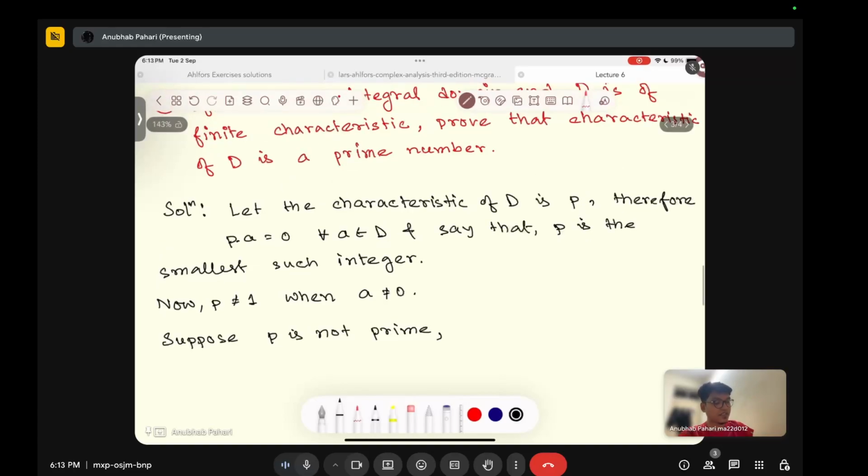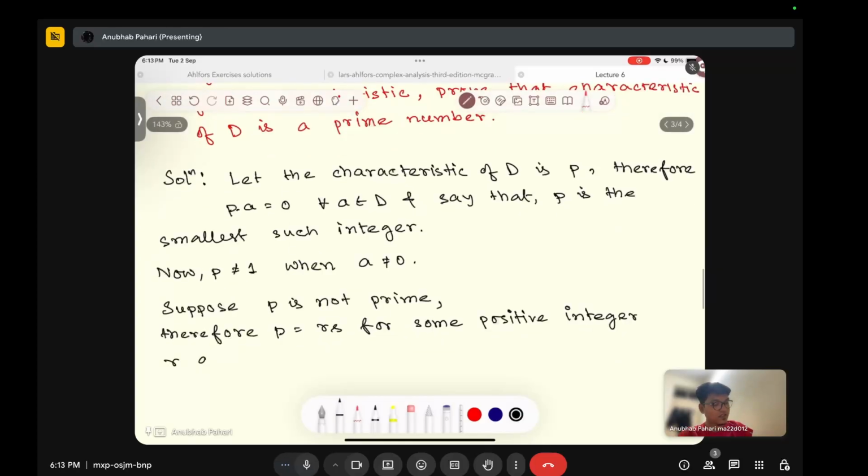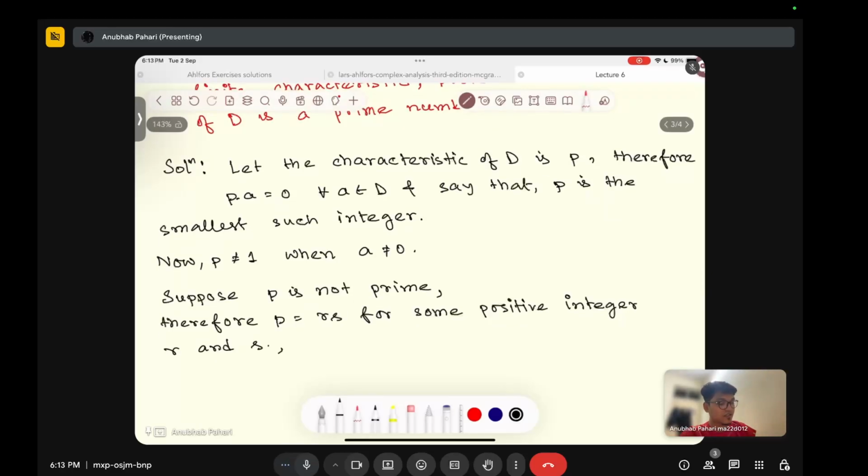Suppose P is not prime, therefore P equals to RS for some positive integers R and S, such that R and S are both not equal to 1.